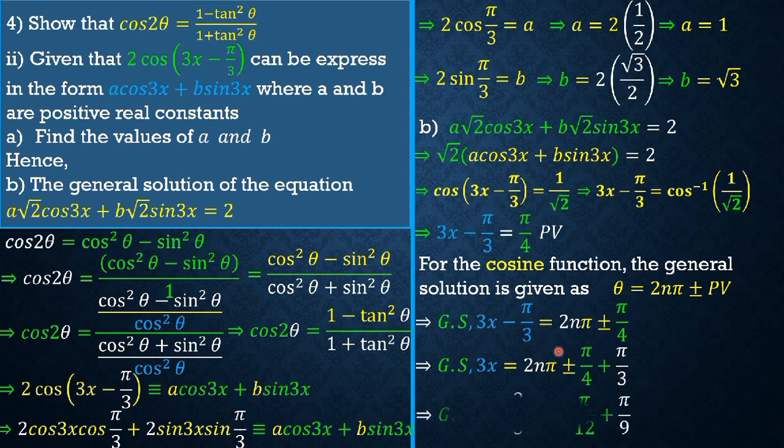If we now divide all by 3, we're going to have the general solution being x equal to 2 over 3 n pi plus or minus pi over 12 plus pi over 9. Guys, it is your option if you choose to separate, okay? But if you choose not to separate, simply leave it like this. Yeah, that's it. Where in this case n is an integer, okay? n is an integer. It can take both negative and positive whole numbers.